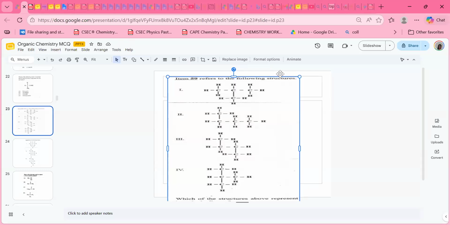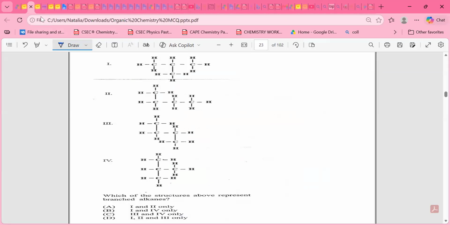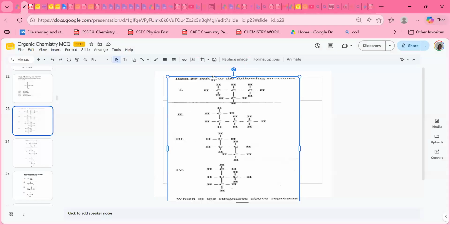So it's asking us which one of these are isomers. Oh no, it represents branched alkane. Sorry. Branched alkane meaning when we are counting the carbons, we do not lift our fingers. So these are 1, 2, 3. To count the fourth one, I would have to lift my finger.